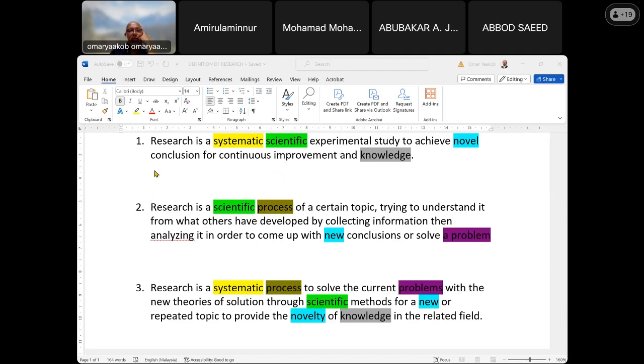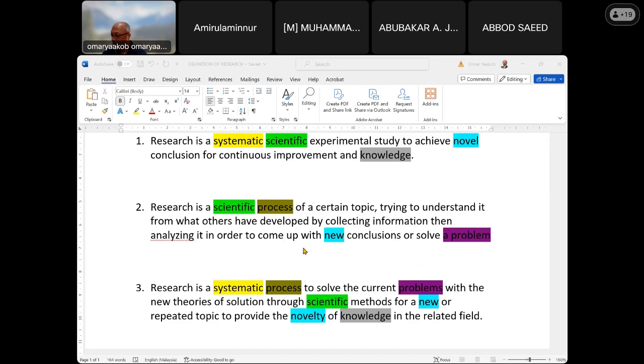Okay. Anything else? So research is a scientific process. It looks okay now. What else is to be added so that you become a proper definition? So you try to combine all this. Can we start with research is a scientific process? Okay. Now what's the next word that you feel is so important to be added? Hafiz here. Hafizuddin, yes.